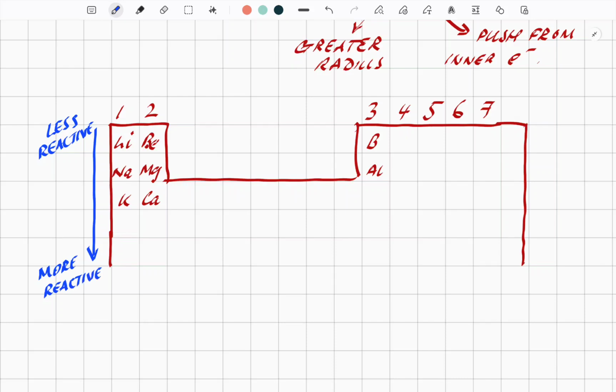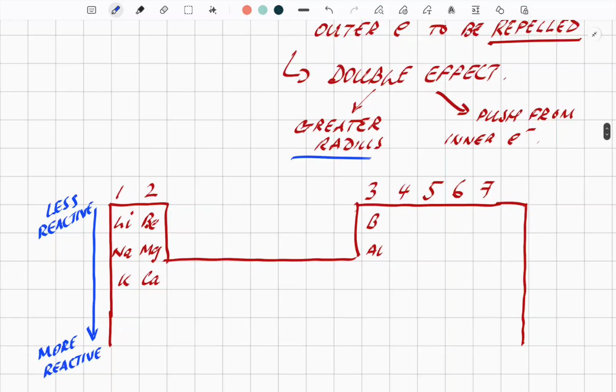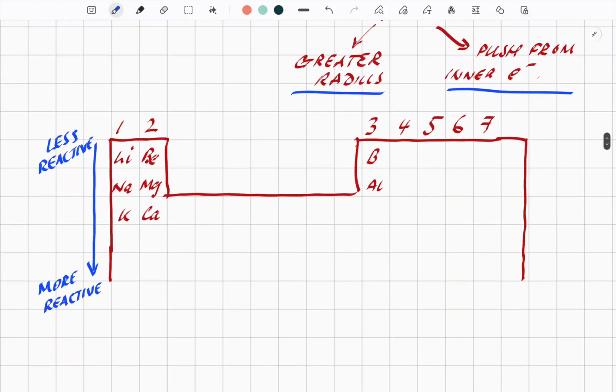In any metallic group, the same applies for group 2 as well. So you can use the same explanation, the same points, and especially this double effect thing that I was talking about. And that would also explain the trend from, let's say, beryllium to magnesium to calcium. It's exactly the same reasons. They get more reactive as you go down because the atoms are getting bigger and they have more electrons overall.